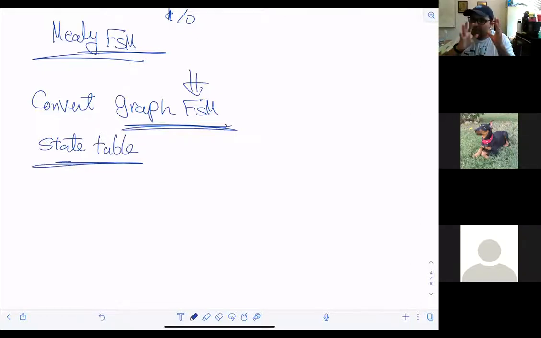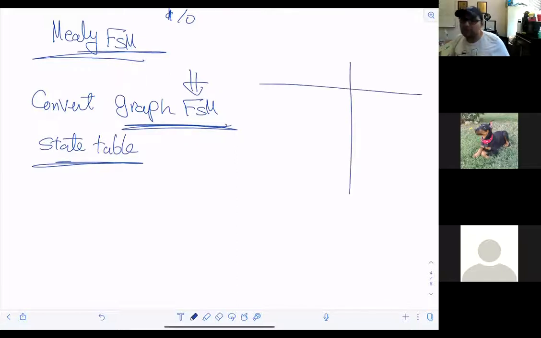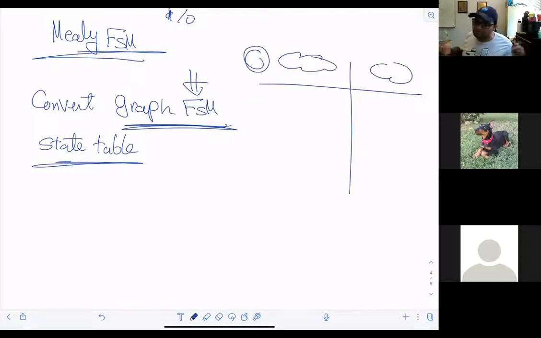A state table is basically the relation between the present state and the next state while the input and output are changing. One way to write it is like what we did with the characteristic table. Do you remember? The present state, then here I have inputs, and here is my next state. That was our characteristic table or state table on the flip-flops. Make sense?